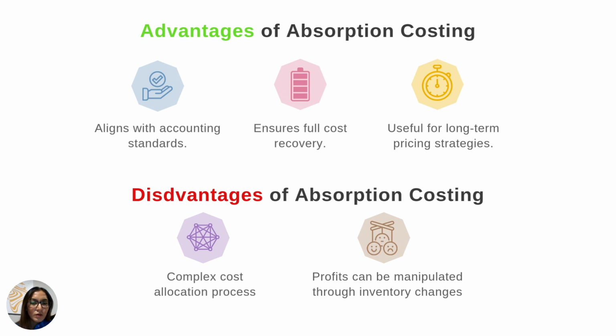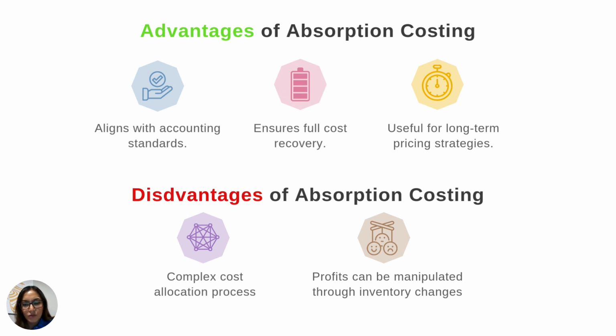Then there are two disadvantages of absorption costing. One of them is the complex cost allocation process, because you don't just take variable costs, but you also need to add up all the fixed costs related to production and then divide them by the total units produced.